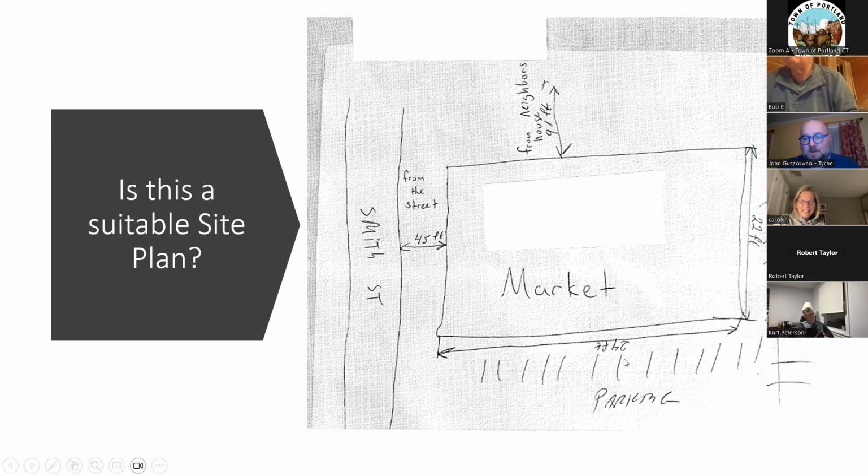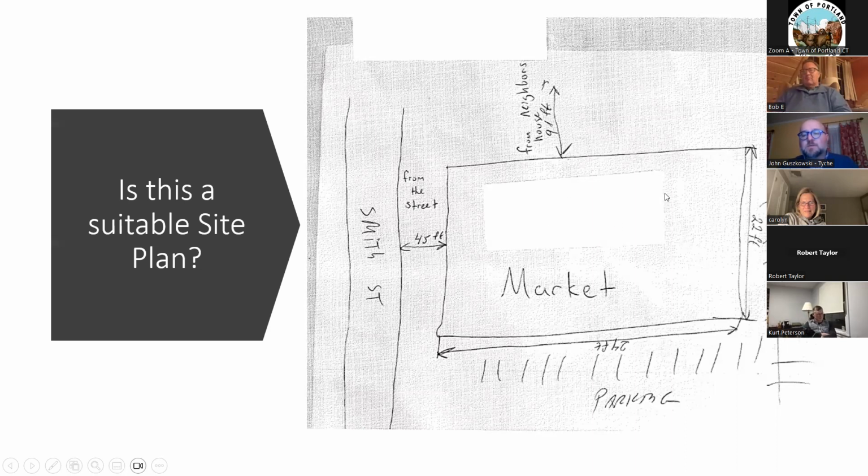And then you have striped parking, which parking spaces are generally 10 feet by 20 feet. So we've got several parking spaces here, presumably 10 feet apart, 45 feet. If that's 45 feet, Smith Street itself is probably about 60 feet wide, which would make it the widest single road you've got in town.